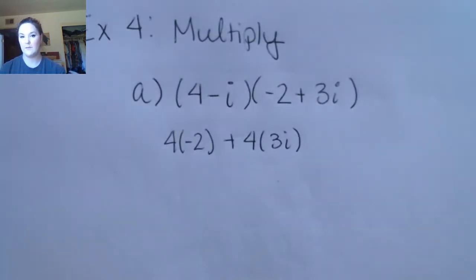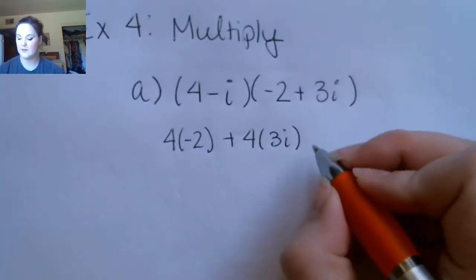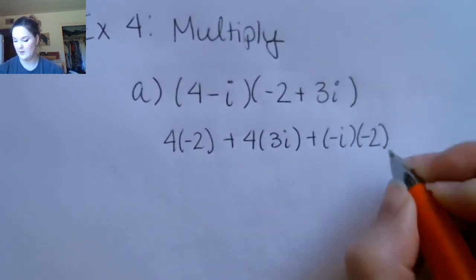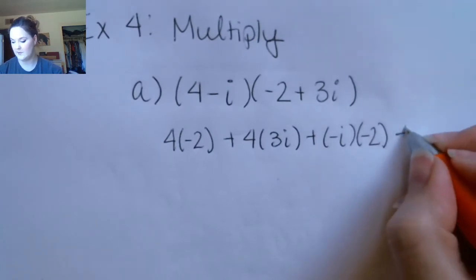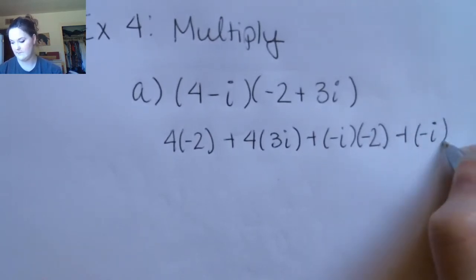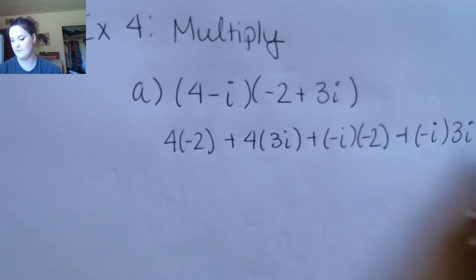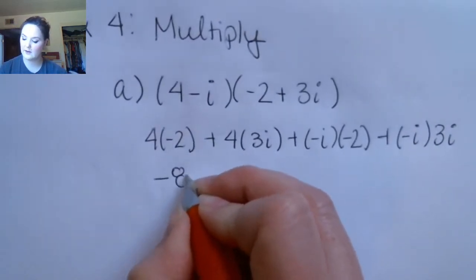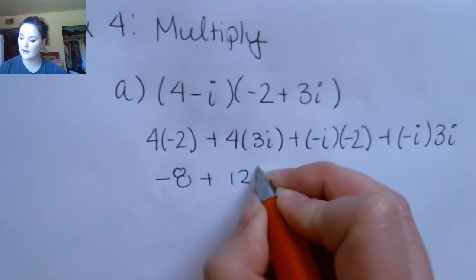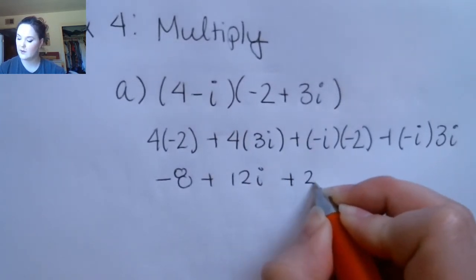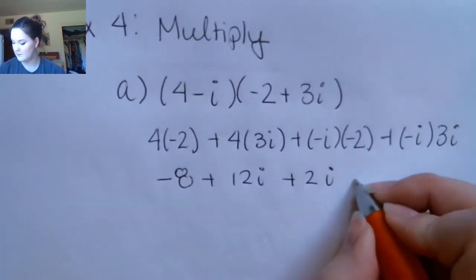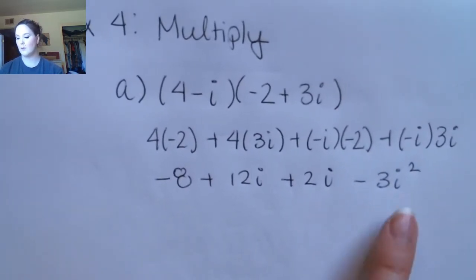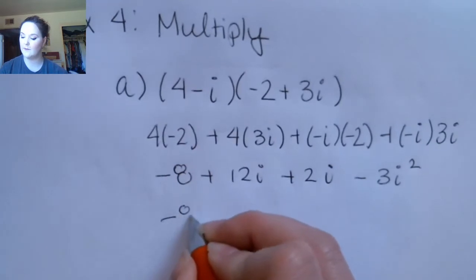Then we have negative i times negative 2, and then negative i times 3i. So we're going to multiply these. This is negative 8. This is 12i. This is plus 2i. And this is minus 3i squared. Well, remember i squared is negative 1.